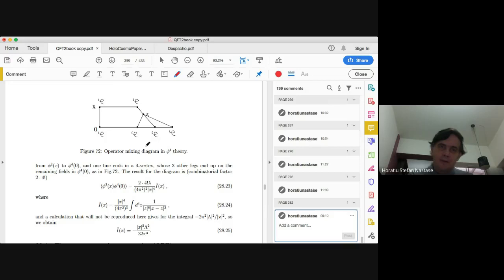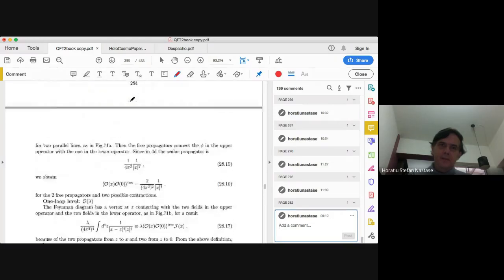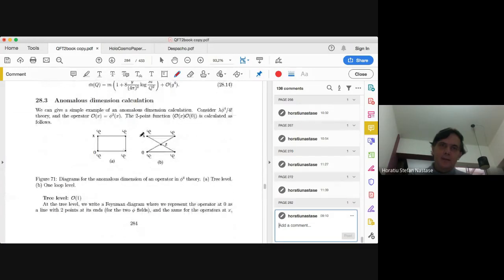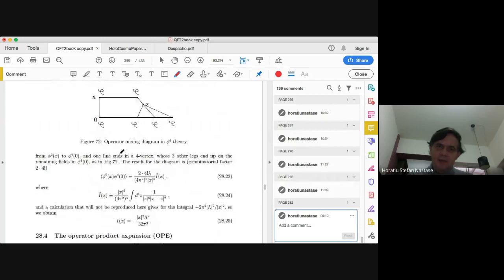Oh, and sorry, I want to define this in terms of the tree Feynman diagram. So just the product of 2 propagators from 0 to x.